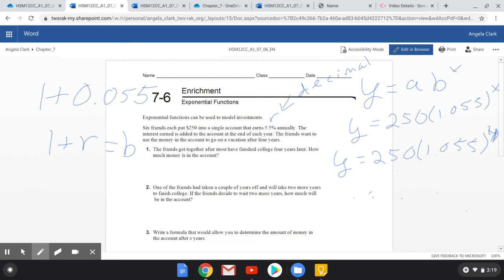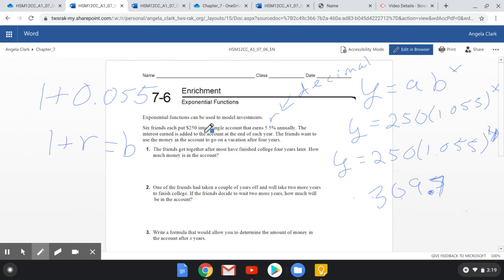And that's going to be 309.7. At the end of 4 years, they're going to have $309.70.